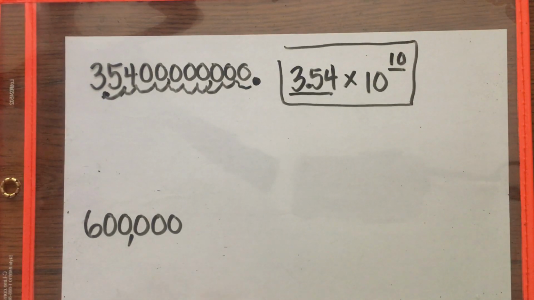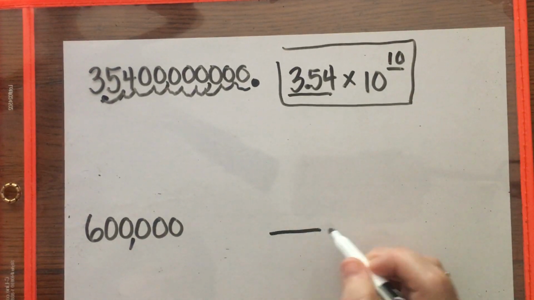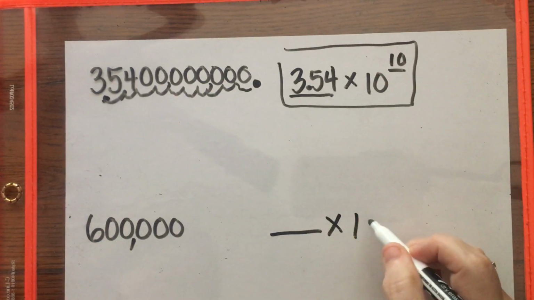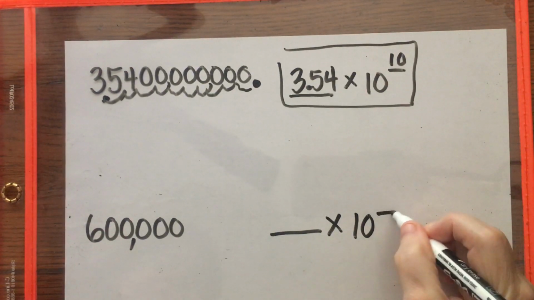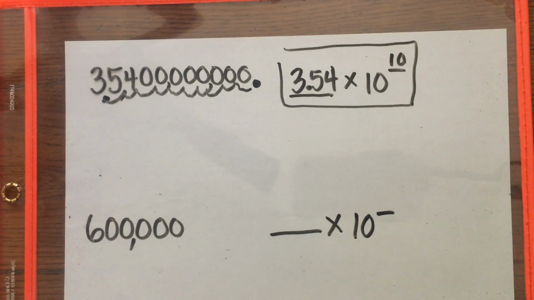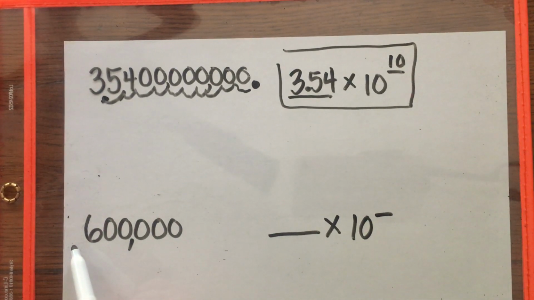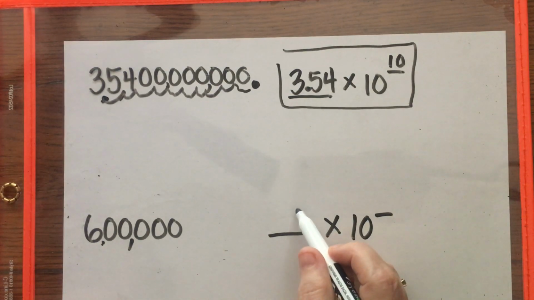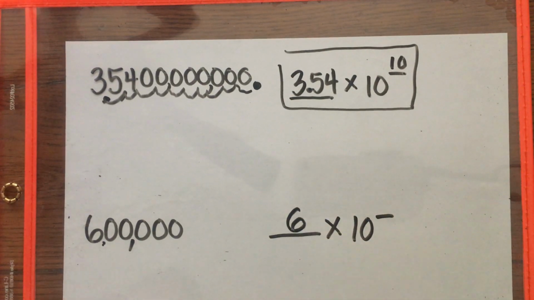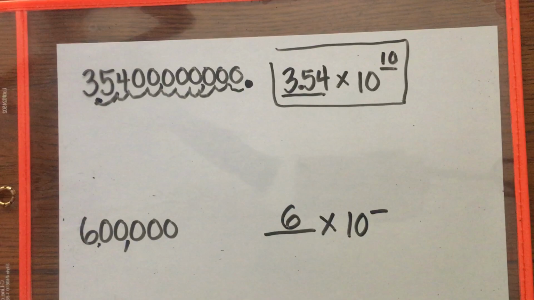So for the next one, to get my mantissa times my magnitude of 10, we don't know our characteristic. So I start over here to figure out my mantissa. I move it one place here, and I'm going to get just a plain old 6 because we have all of these zeros. So for this one, my mantissa is simply going to be 6, okay?